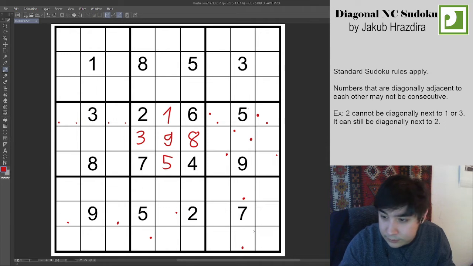So that means it goes down here in the bottom left. And we actually do resolve the 6 to the middle now.